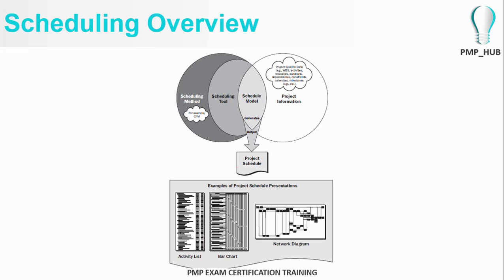Also, together with the project information that is currently on hand with you, such as the scope baseline, the WBS, the activities, the resources, the duration of the resources, with all those project information in hand, together with the scheduling method and the tools that we are going to learn in a short while, you will be able to develop a scheduling model and develop a project schedule.